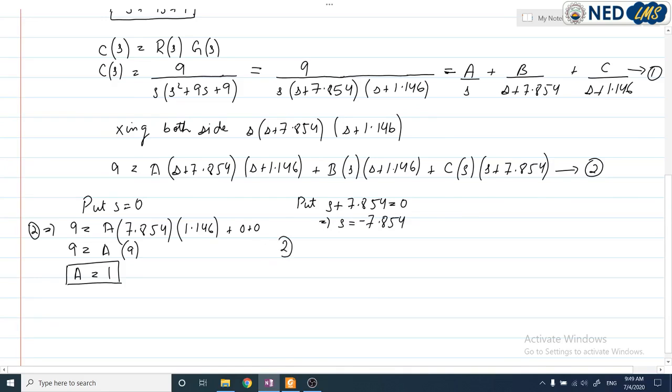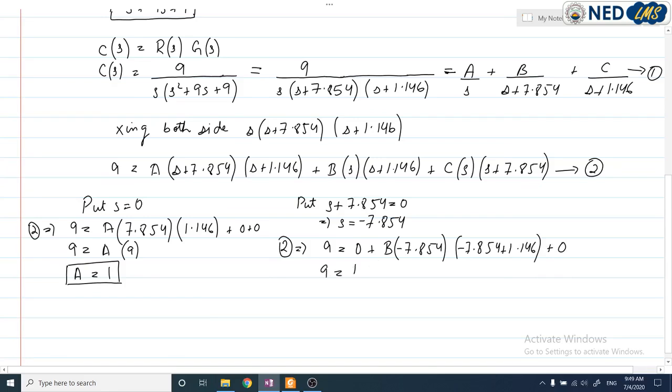So equation 2 will become 9 equals, this A term becomes 0, and in this B term, in place of s, I am writing minus 7.854, and here also minus 7.854 plus 1.146, and the last term is also 0.